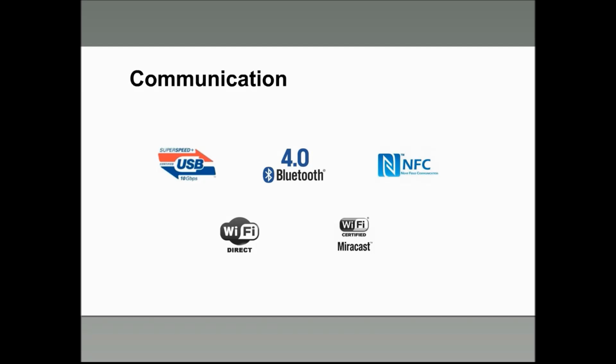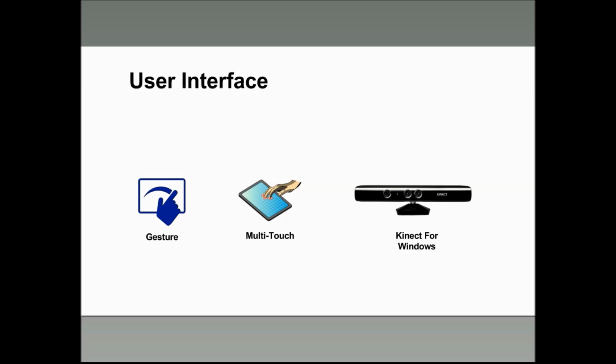USB 3 is more and more in demand for us as well in many markets where the ability to use higher bandwidth is becoming more and more important. On top of that, you also get a lot of additional features of the operating system: gesture, multi-touch, Kinect, things you've heard of in the consumer space, and that's becoming more and more important in the embedded and device design space as well.